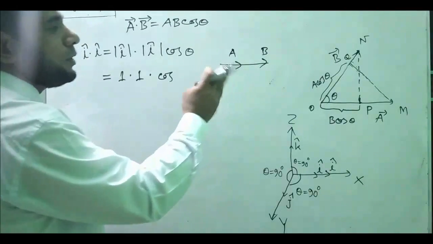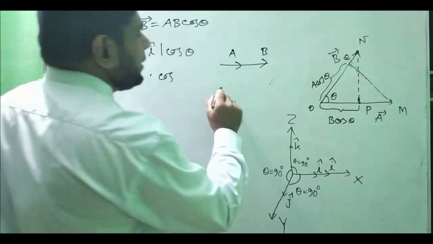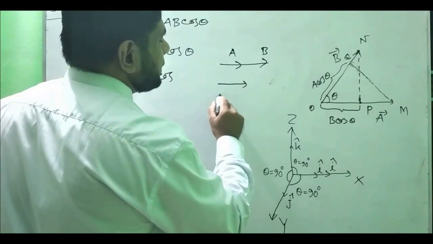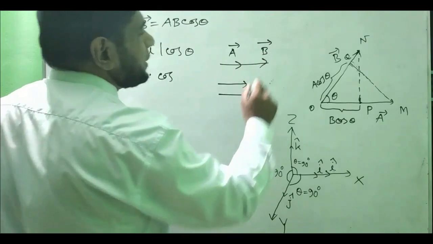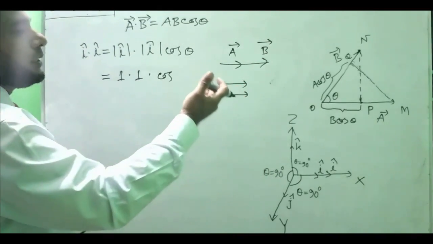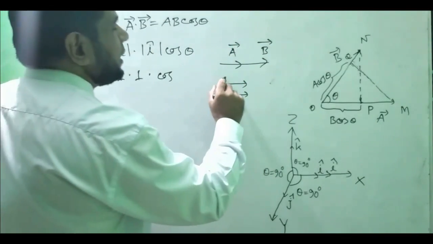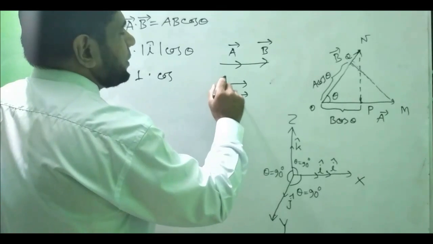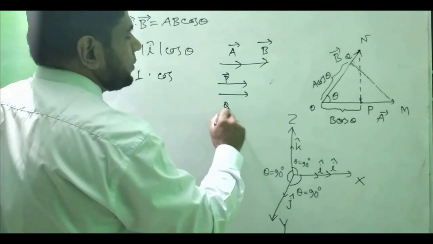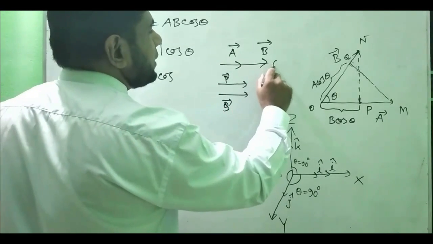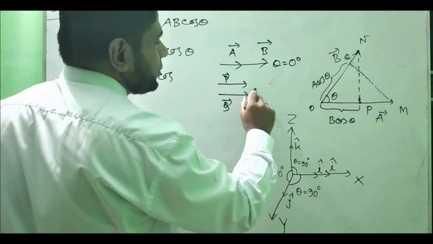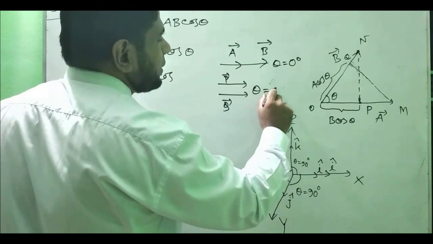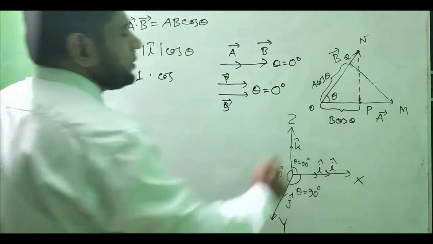If two quantities, it may be vector quantities, since our topic is related to vector quantities, let us take two vectors, vector P and vector Q. In this case there will be no angle, theta will be 0 degrees, and in this case also theta will be 0 degrees.